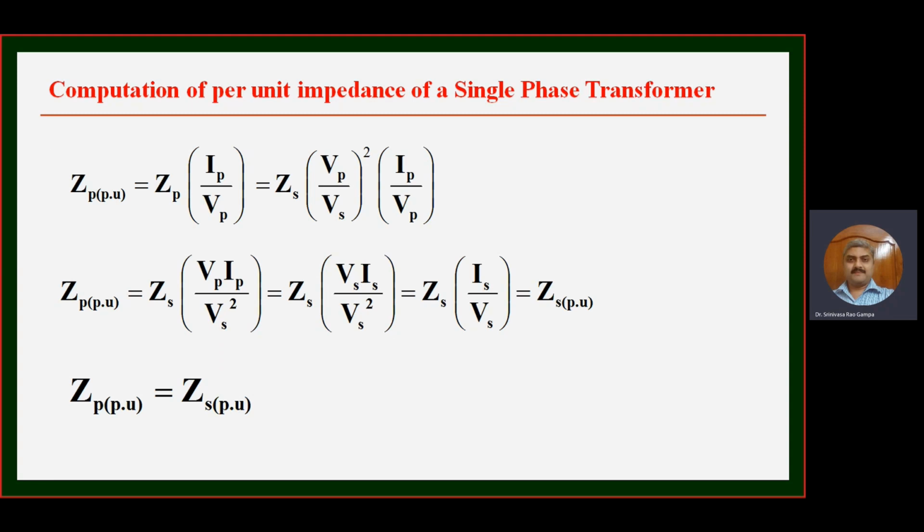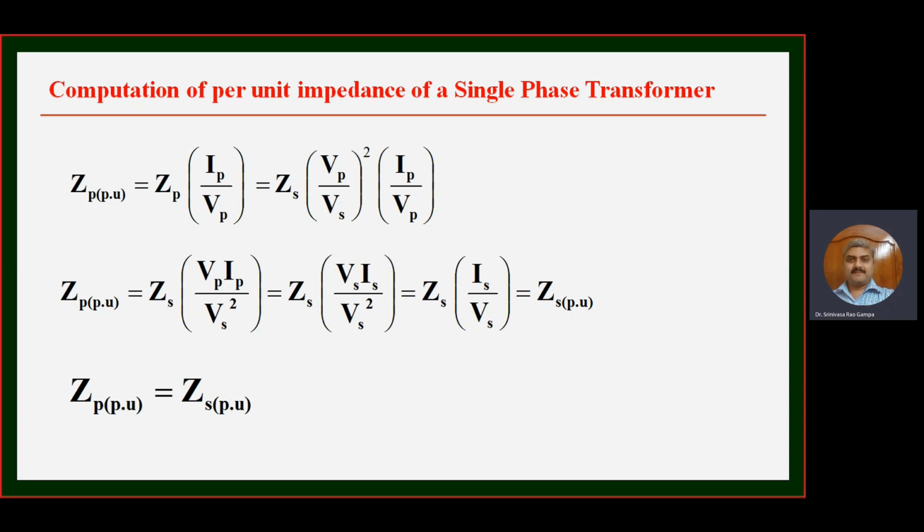Zp per unit is equal to Z actual by Z base, so Z base can be written as Vp by Ip. Finally, Zp per unit is equal to Zp into Ip by Vp. Again Zp can be written as Zs into Vp by Vs whole square, into Ip by Vp.